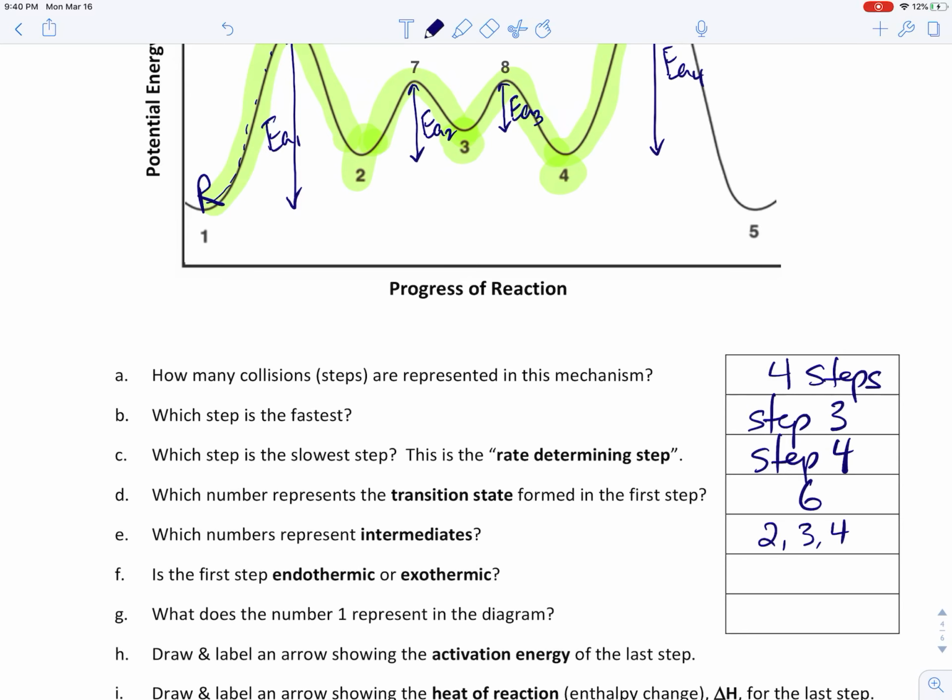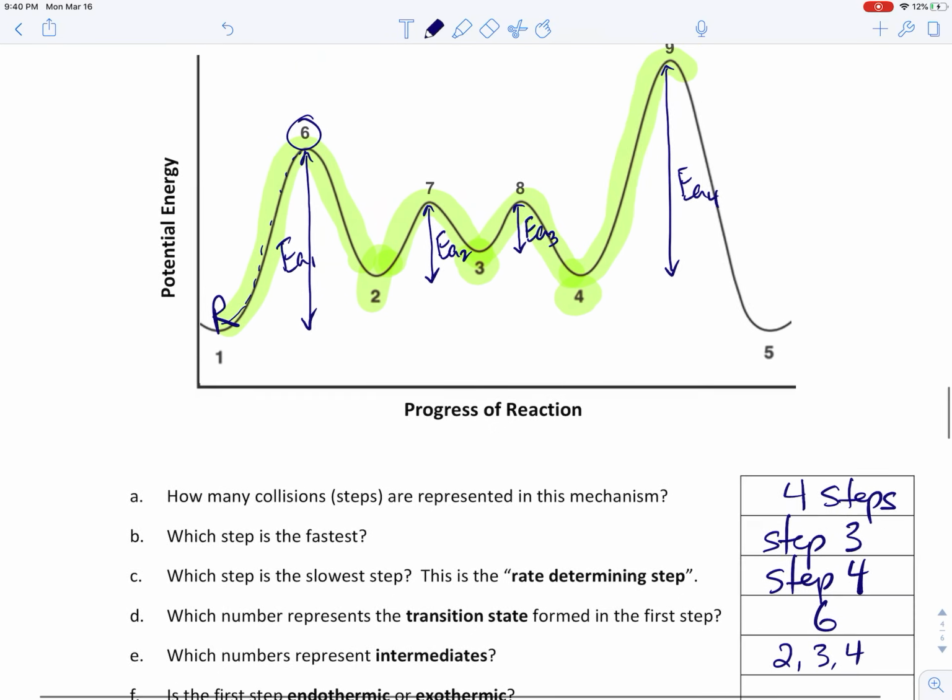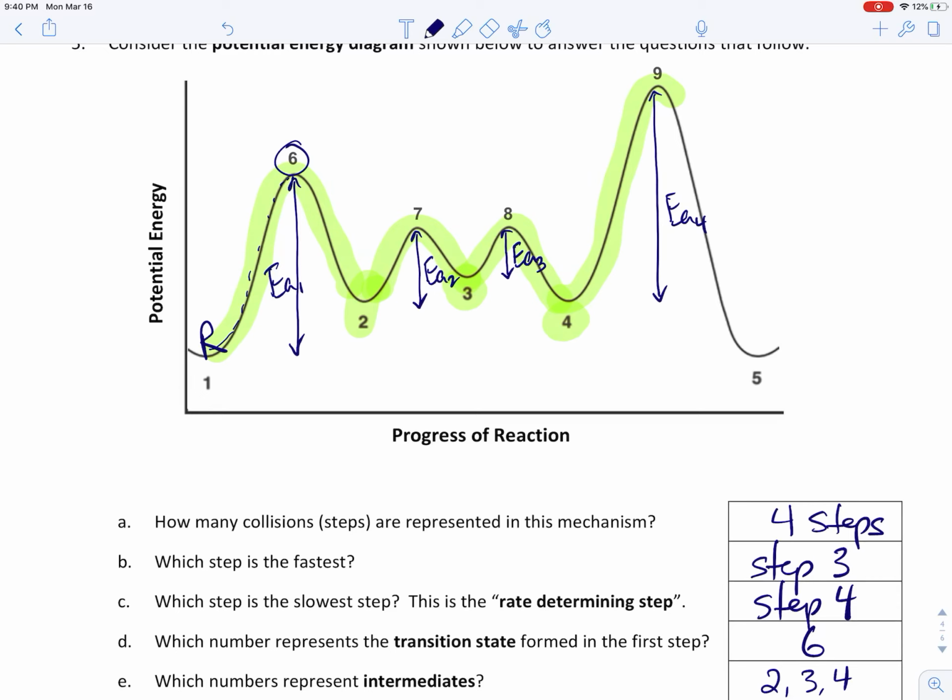Is the first step endothermic or exothermic? Well, to decide that, we're going to look at the difference in energy in the first step. So it started here with the reactants, and the first step ended here with these intermediates at number 2. So notice that the potential energy increases in that direction, so that means energy was being absorbed.